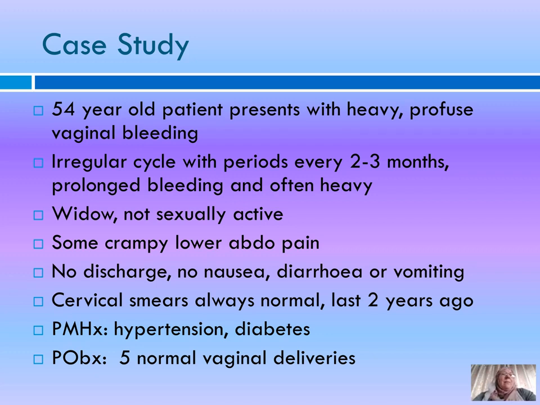She has some crampy lower abdominal pain, but no discharge, no nausea, diarrhea, or vomiting. Her cervical smears have always been normal, and the last one was done 2 years ago. She has a past medical history of hypertension and diabetes, and in the obstetric history she has 5 normal vaginal deliveries. What do you do next for this patient?